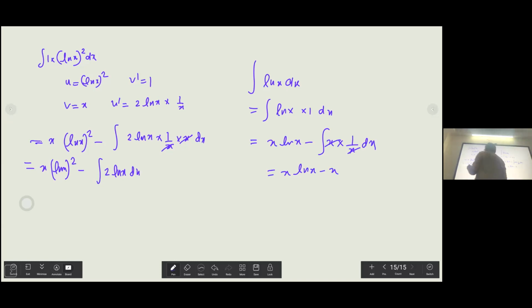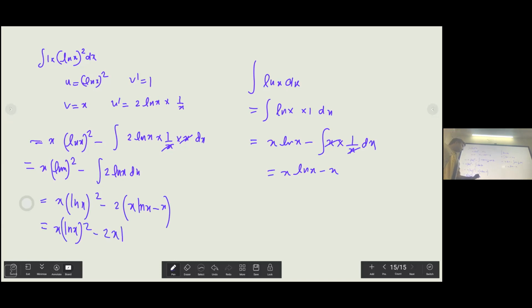So this becomes x ln x the whole squared minus 2 times x ln x minus x. So this becomes x ln x the whole squared minus 2x ln x plus 2x plus c. That's the integration of ln x the whole squared by parts.